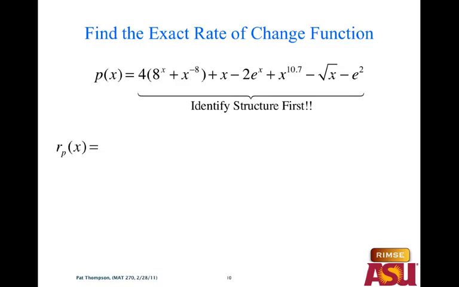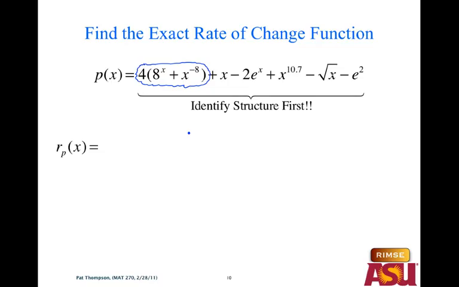We do the rate of change of each one. So we come to this one first. That's the first term. What's its structure? Constant times a function. Constant multiple. And we know in that case, the constant makes it 0, right? No. Lots of students have fallen into that trap.